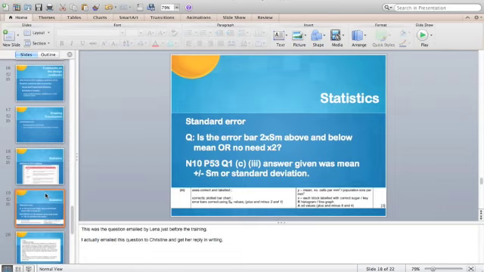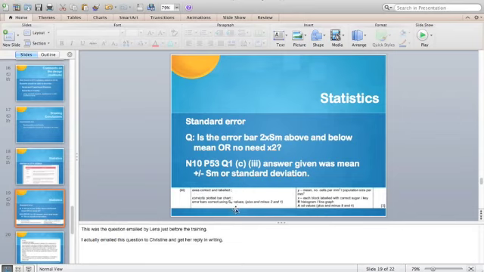I raised the question on the standard error to Christine, and this question was emailed by Lina just before the training. So I emailed this question back to Christine so that I can get her reply in writing. The issue was why, in this November 10 paper, the error bar was given as SM values.